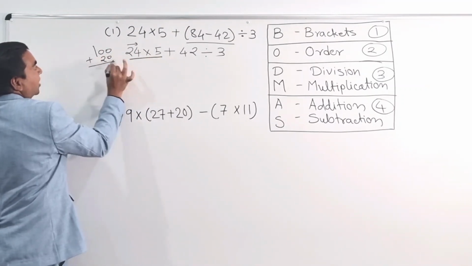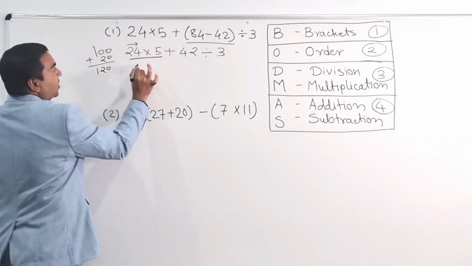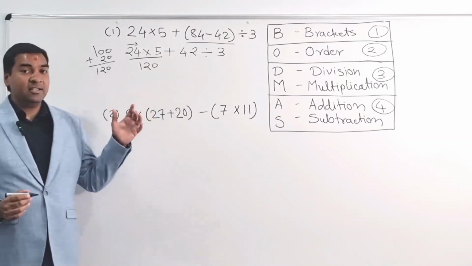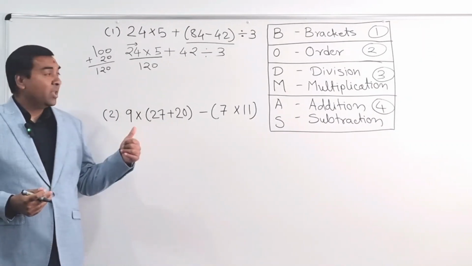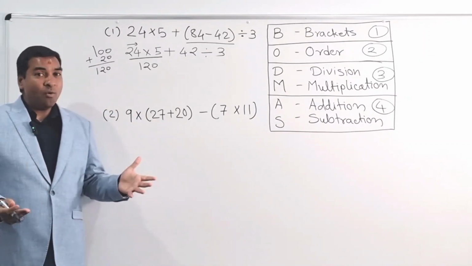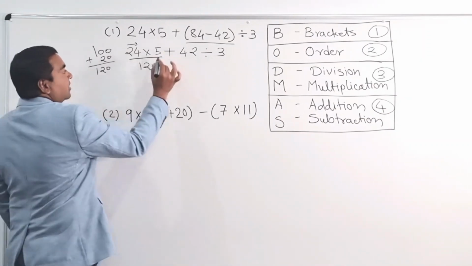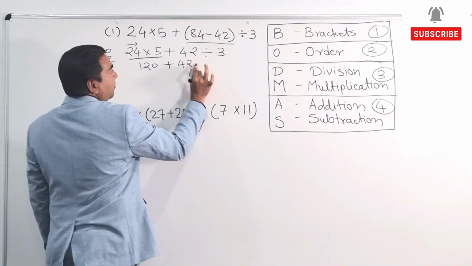And if you add them up, that's going to be 120. So 24 times 5 is 120. If you practice this skill, guys, it's going to be really, really cool, and your calculation will be much faster. To explore more, you can watch my cool math tricks videos. And then there is a plus 42 divided by 3.